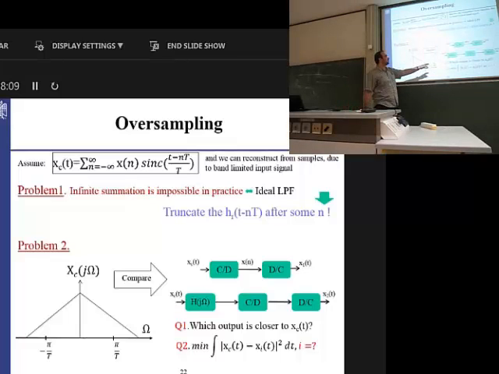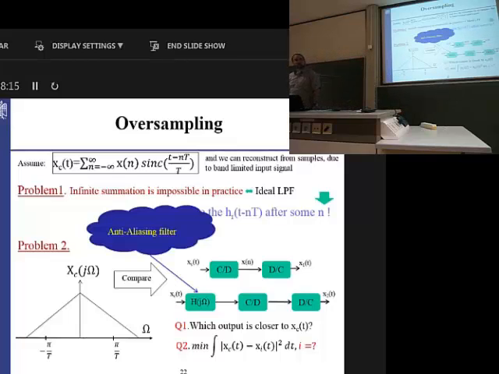This pre-filter is very important in every DSP structure, and it's called the anti-aliasing filter. And we know that it's before we go through the A to D and D to A. So we are not in the sample domain. We are still in the analog domain. That's why this anti-aliasing filter is an analog filter.